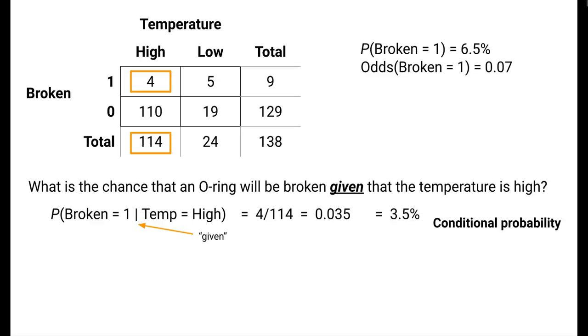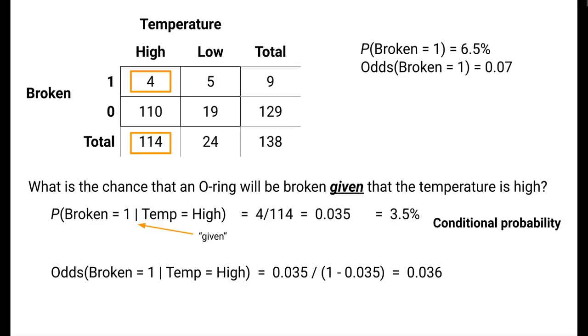This is described as a conditional probability because the probability of interest, a broken O-ring, is now under the condition that the temperature is high. Note that once we have this information that the temperature is high, this conditional probability is a bit different. It's lower than the original probability of an O-ring being broken, which again was 6.5%. This means that high temperature is informative about helping us guess whether an O-ring will fail.